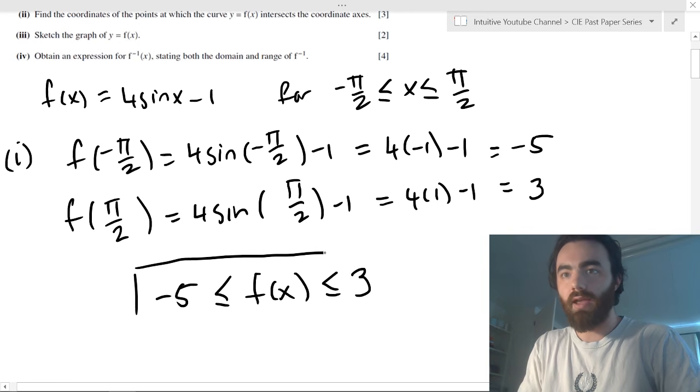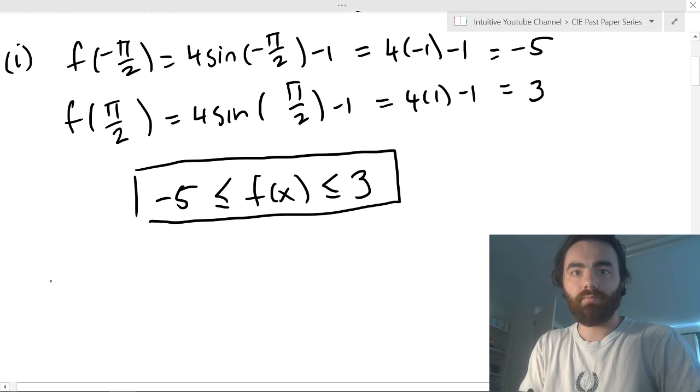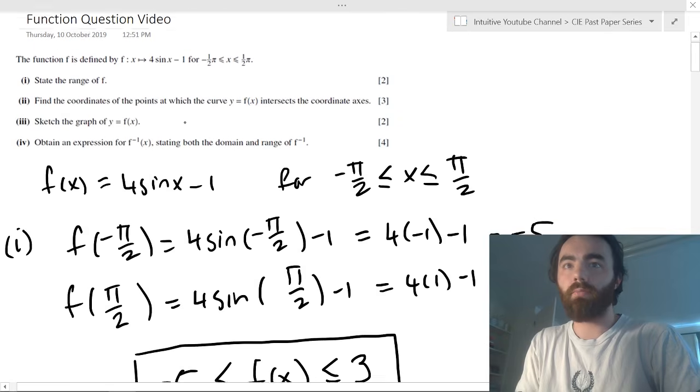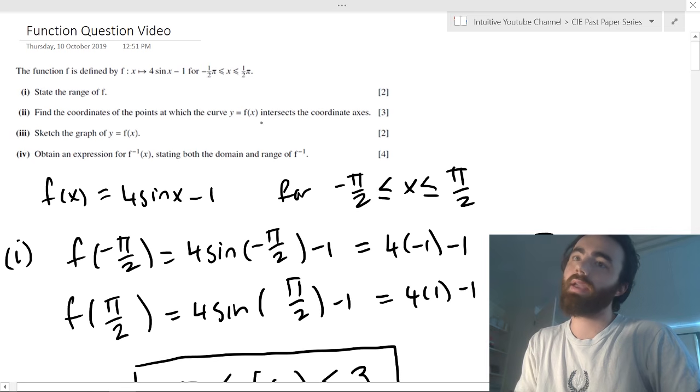So that's our range of f of x. Cool. Now part II: find the coordinates of the points at which the curve y equals f of x intersects the coordinate axes.